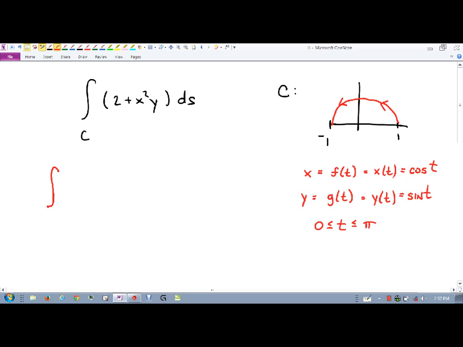Now, to do this integral, what I need to do is do the integral. My restriction on my integral over C is just the restriction on my variable. So what's the restriction on my variable t here? 0 to pi. Then I come in here and I say 2 plus x squared, which is cosine squared t, times y, which is sine t.